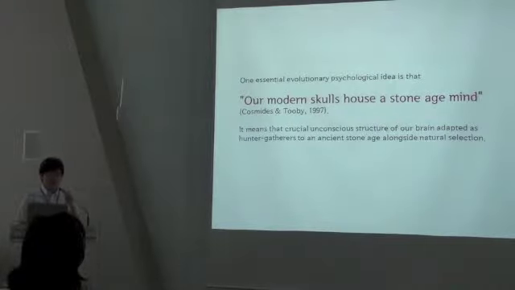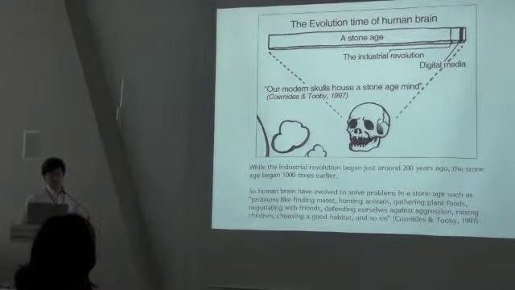One essential evolutionary psychological idea is that our modern culture houses a Stone Age mind. It means that the crucial unconscious structure of our brain is adapted as a hunter and gatherer to the ancient Stone Age. As you see, the bar is the evolution time of the human brain.